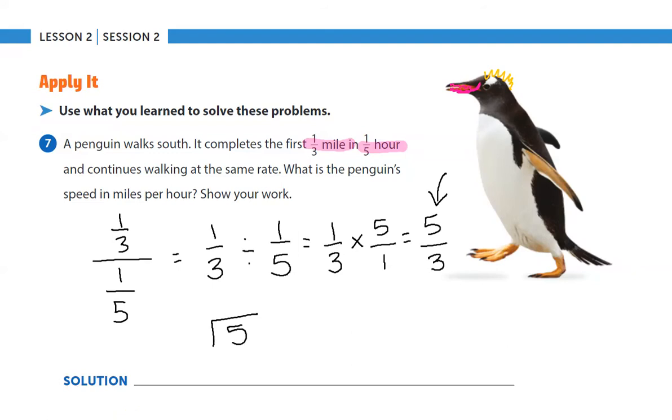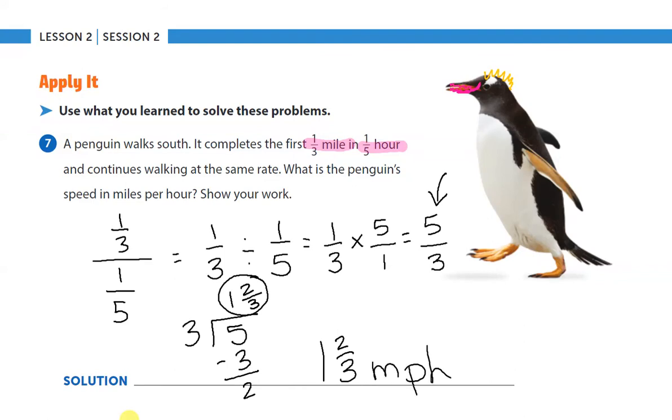But if you're not quite there yet, just remember 5 divided by 3. 3 goes into 5 one time. 1 times 3 is 3. The remainder there is 2. Remainder goes on the top. Divisor goes on the bottom, 1 2/3. So 1 2/3 miles per hour for that beautiful little birdie.